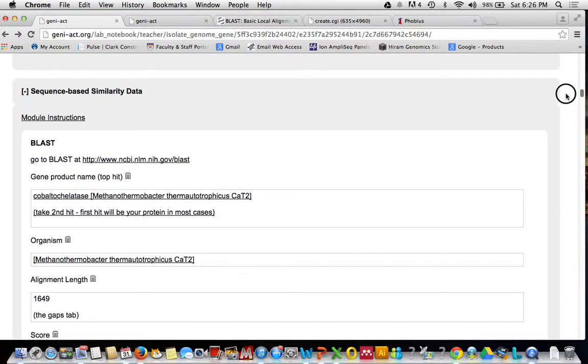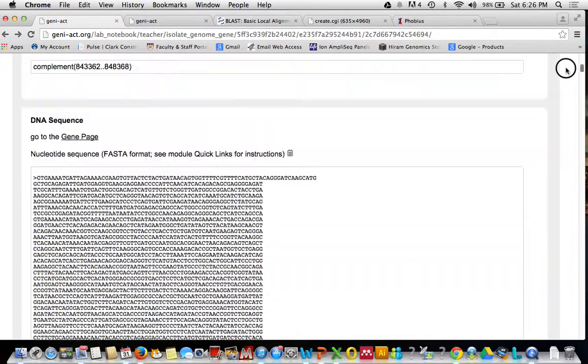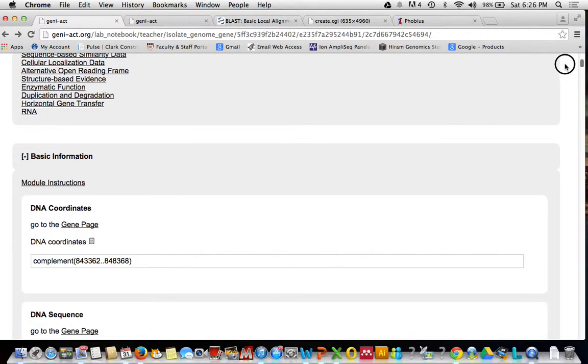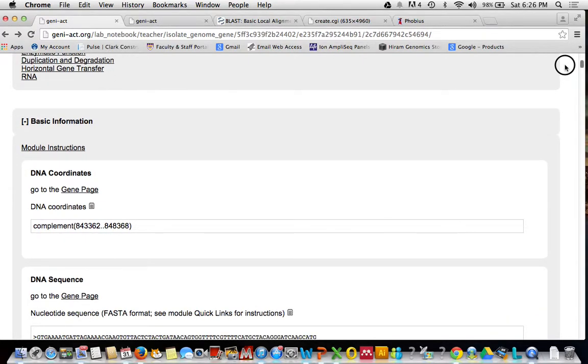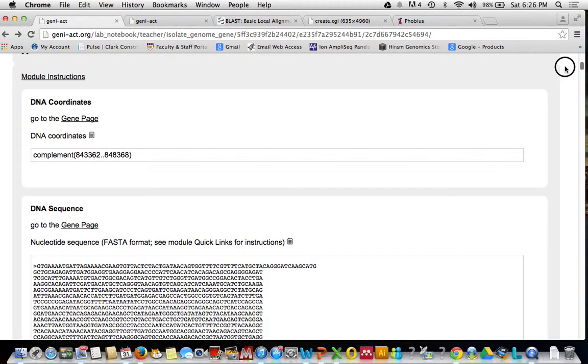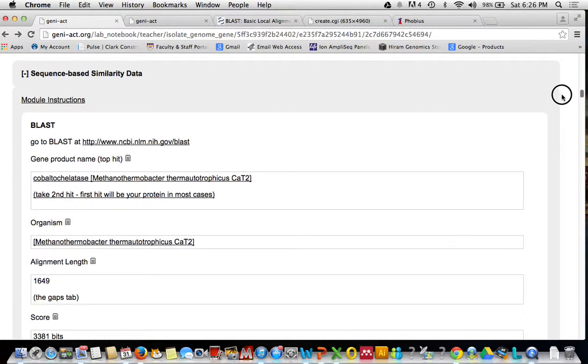The first module we did was the basic information module, which gave us some basic information about the DNA and the protein of our gene. Next we did sequence-based similarity data, where we pulled up proteins with similar sequences to our protein.